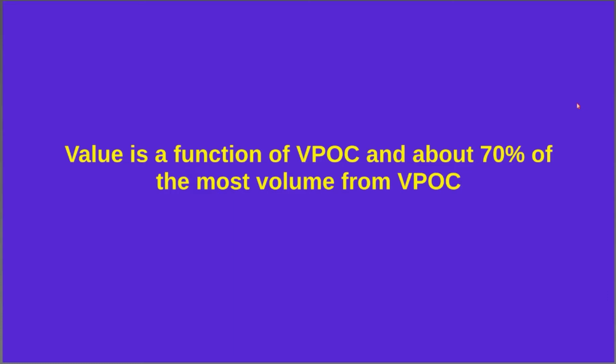That becomes value. And the thought behind value, just so you understand, and this is way old school, is that in the total range of a market over a specific period of time, if 70% of all transactions happen in this range, then the market considers that the value of that range for that time.